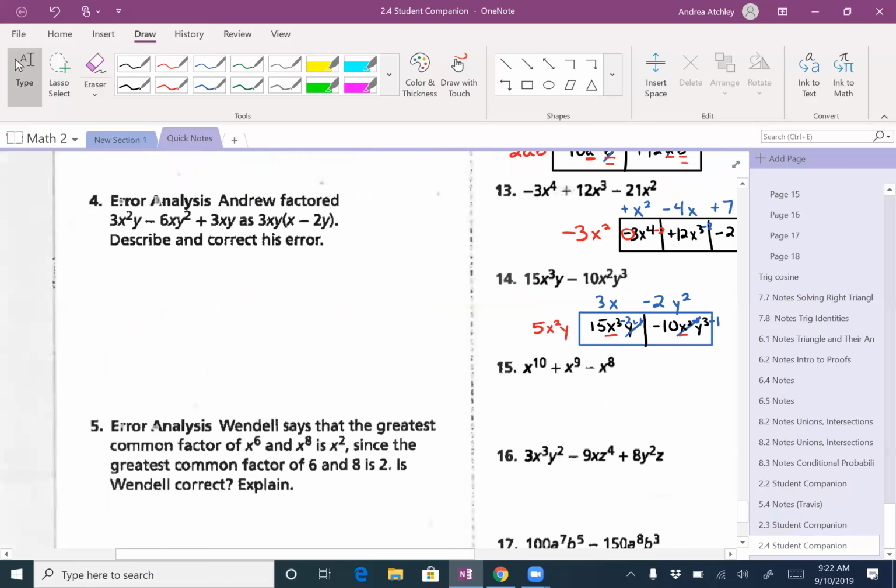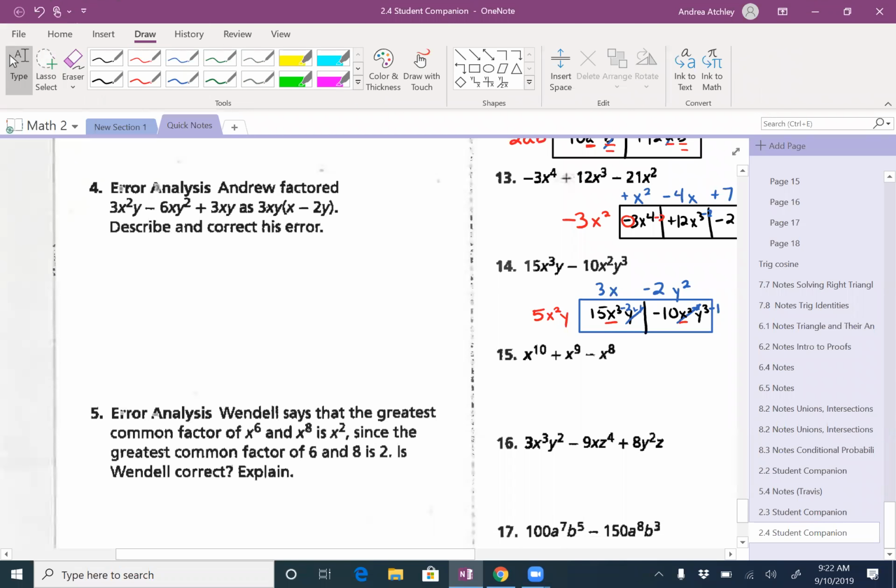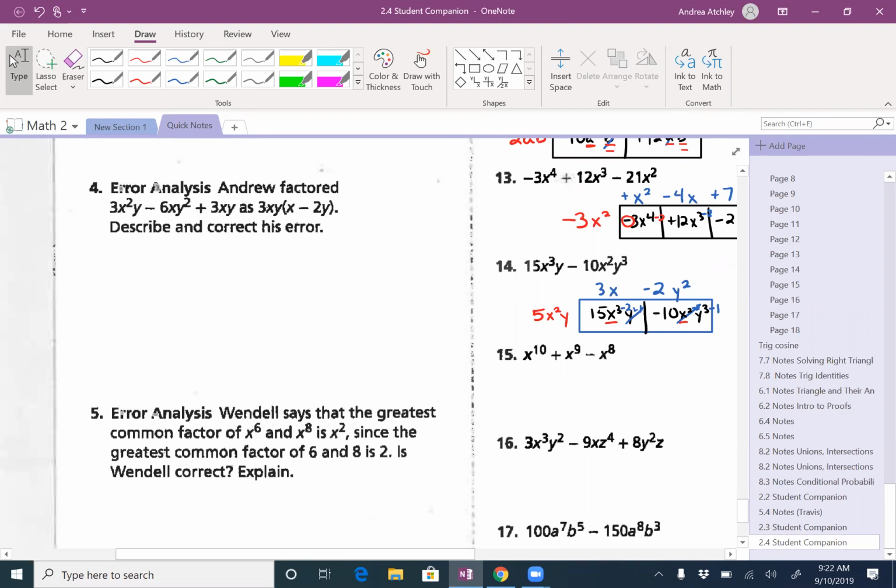Try to come up with the error. So explain those errors.